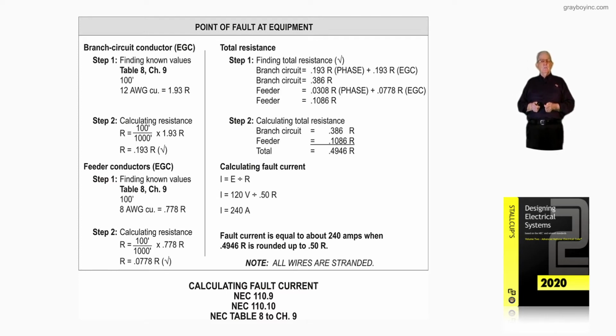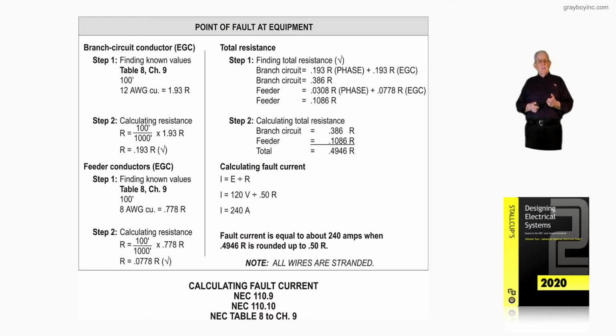But 100 foot, number 12 was 1.93 was our resistance. And when we did the math to get the total resistance of that 100 foot run, you divide the 100 foot by 1,000 foot times 1.3 ohms, and we come up with 0.193.